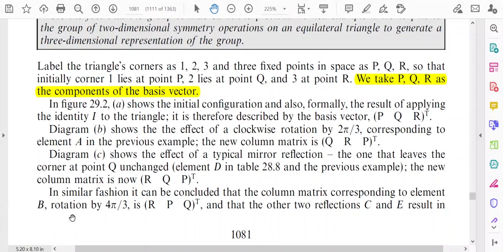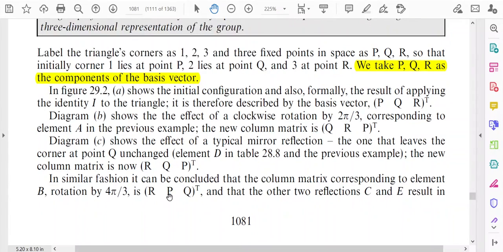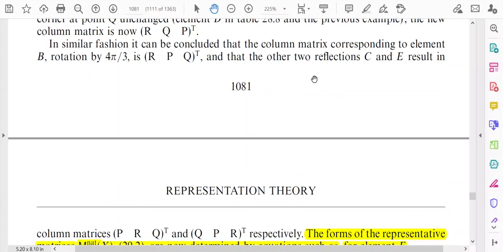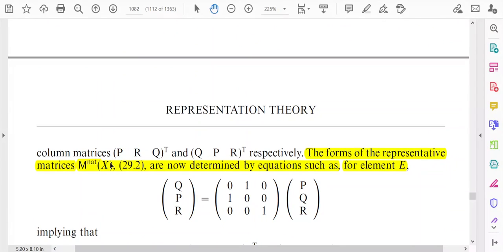So the rotation by 4 pi by 3 is denoted by B, and B can be represented as RPQ transpose. Similarly, we can obtain different column matrices for different elements. For example, for the two reflection operations C and D, the column matrices are PRQ and QPR respectively.